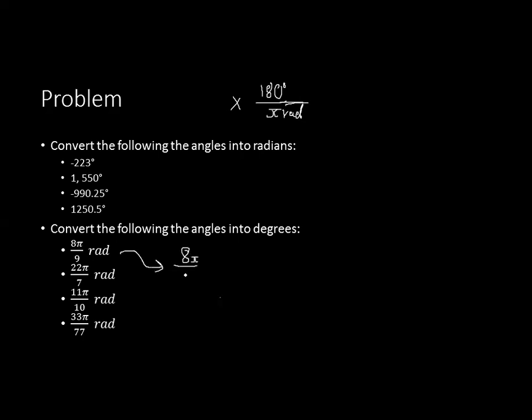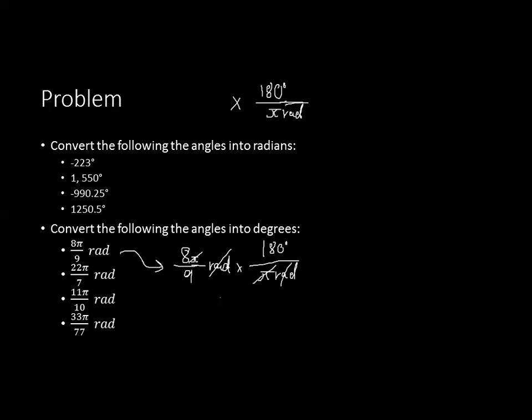Let's start with the first one. We have 8 pi all over 9 radians. Let's convert it into degrees, multiplying by 180 degrees all over pi radians. We cancel out the radians and the pi's.